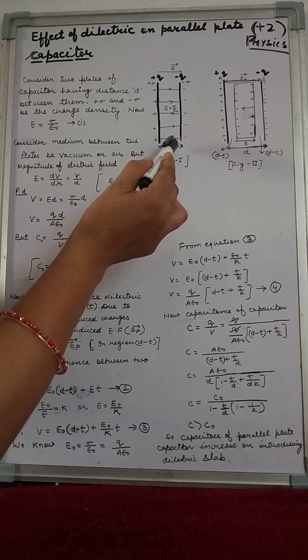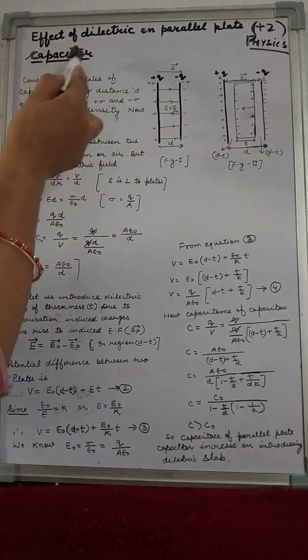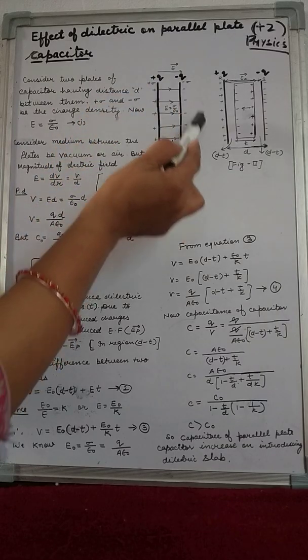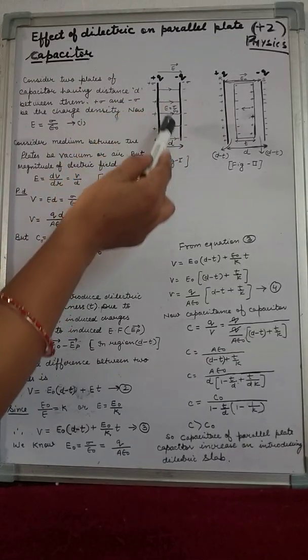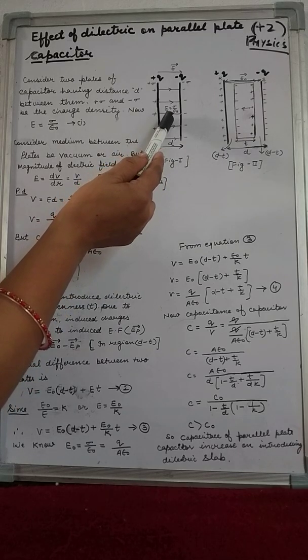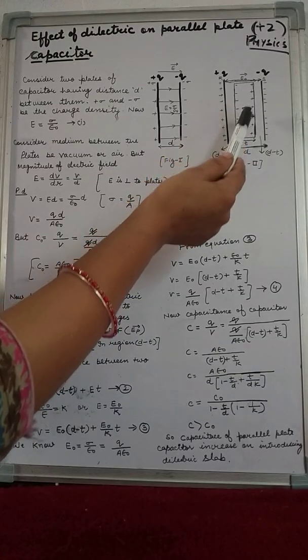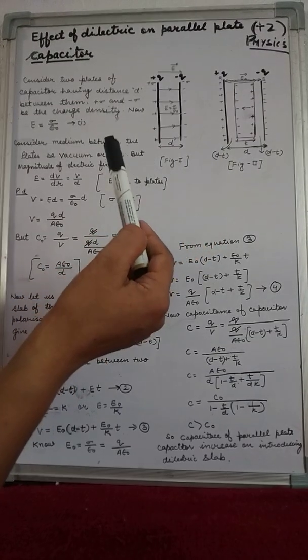First case, to calculate the effect of dielectrics on the parallel plate capacitor, we will consider the two parallel plates when there is vacuum between them, and second, when we introduce a dielectric slab between the two plates of the capacitor.